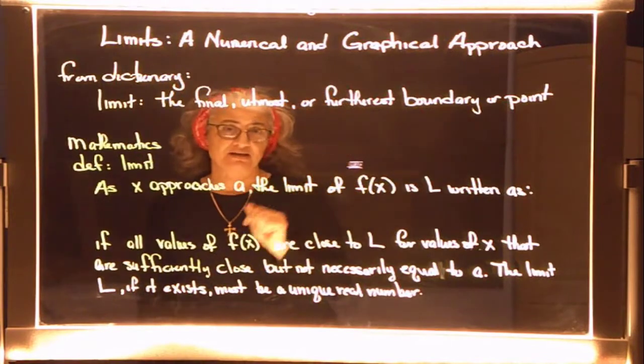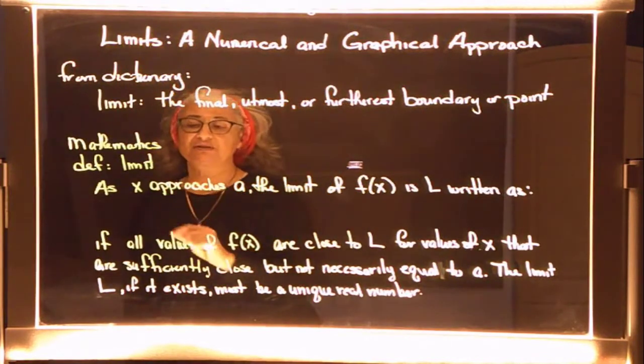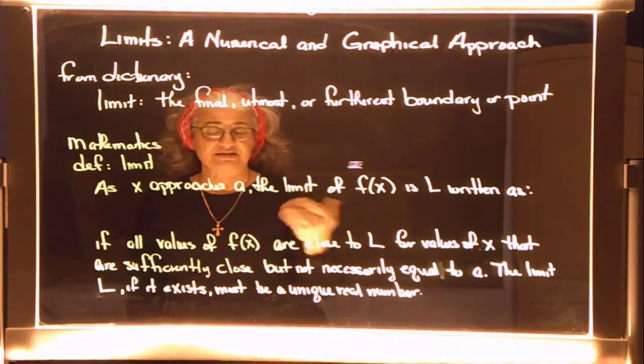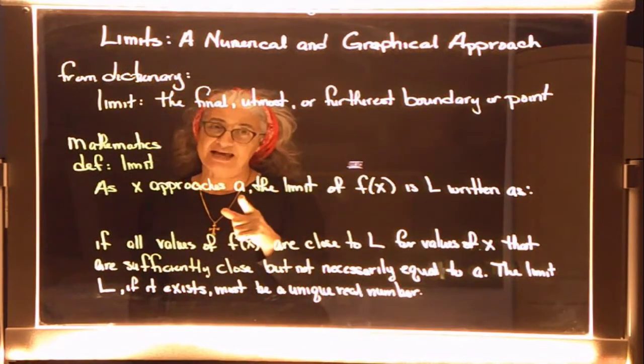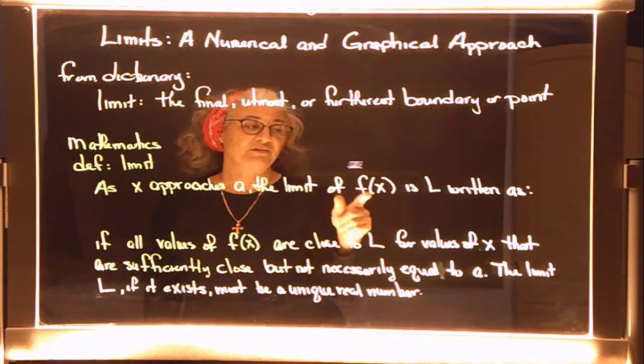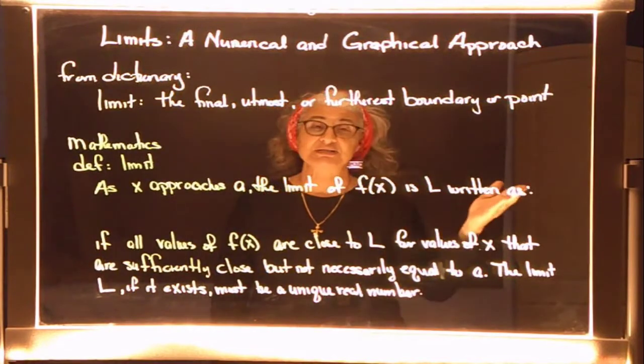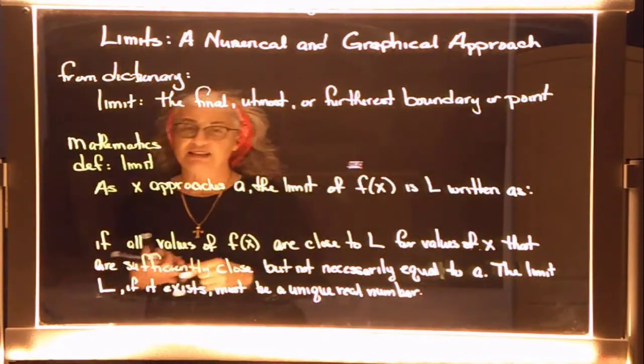Mathematically speaking, the definition of a limit reads like this. As x approaches a, the limit of f of x is L, and it's written as, so let's write it.